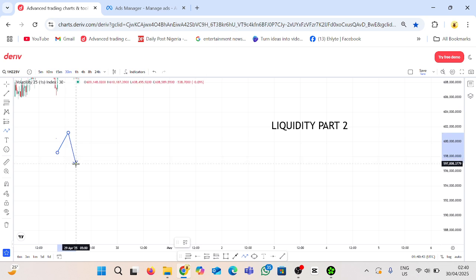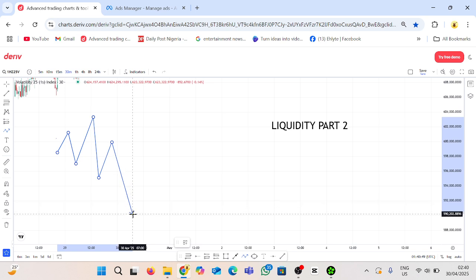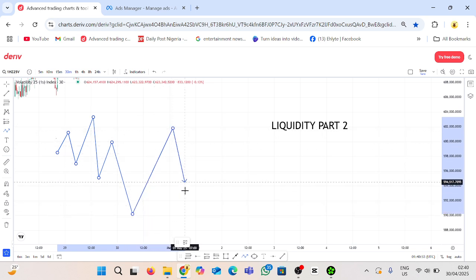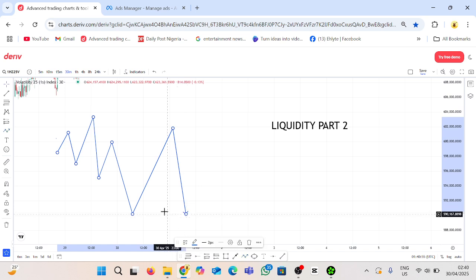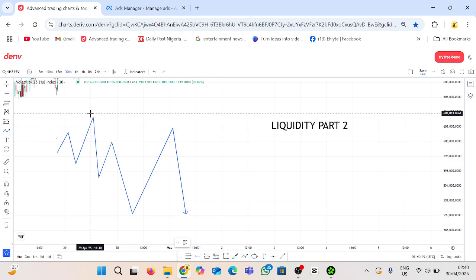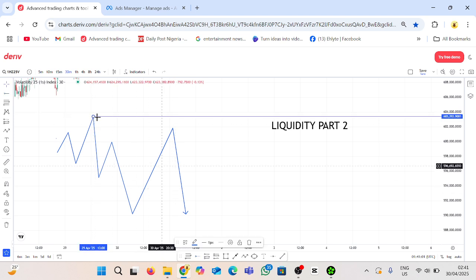On your chart, this always forms. Then price comes back here and takes it out, smashing your target. Now this is your protected high. You call it protected high, right? This is your structural liquidity.